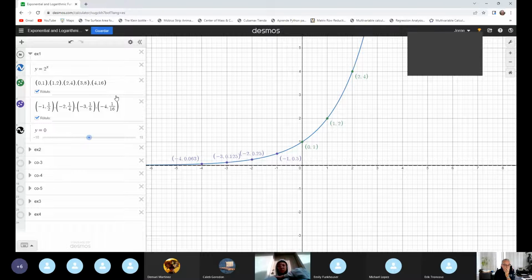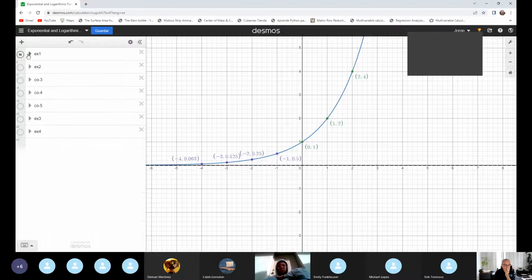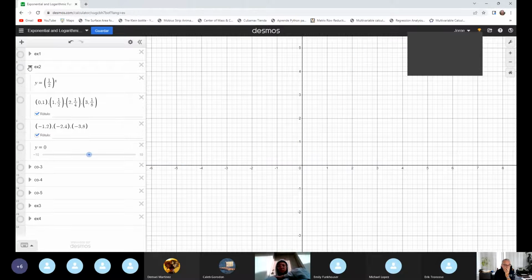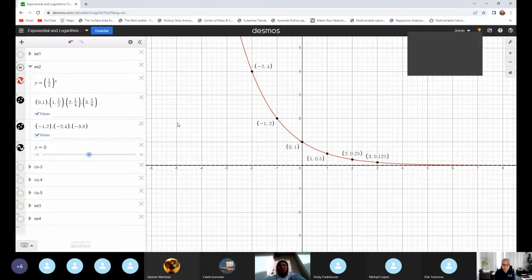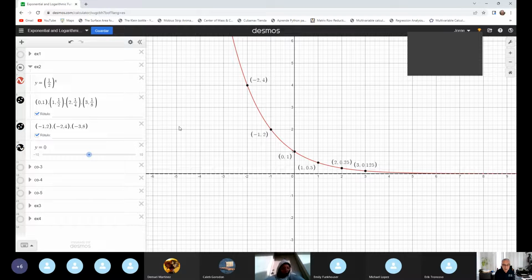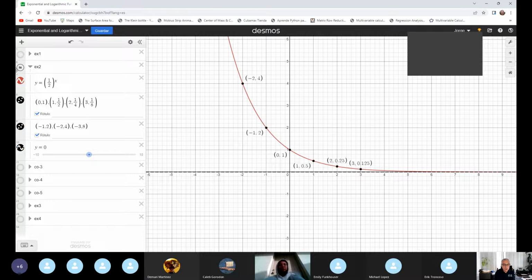Marco. Okay. Now the second is the same exponential, but intentionally I change the base to 1/2. Look, bang. Then it is decreasing. Okay, we have two exponentials.